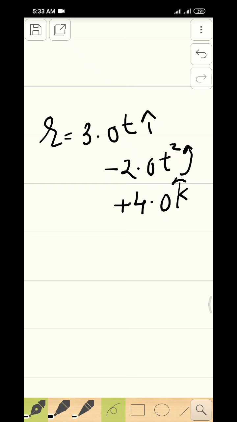It is asked to find the velocity and acceleration. The r value you are having.